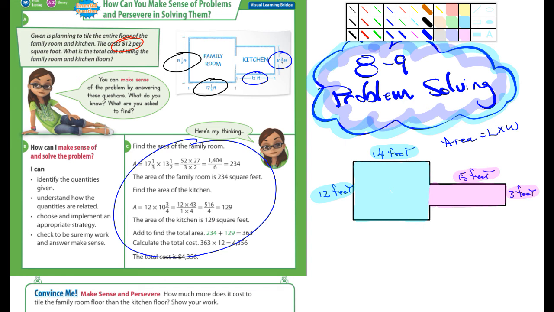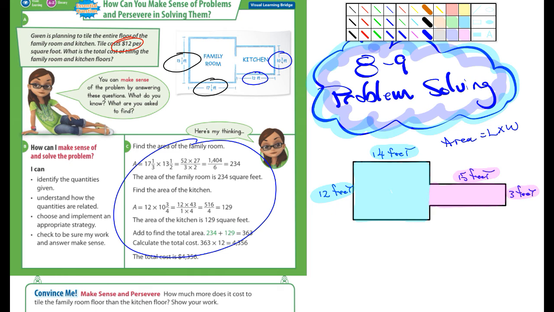So in this particular problem, Gwen is tiling her family room and kitchen floor. So you got two different shapes there. And you guys should know by now, area is length times width. I just drew my own example here.